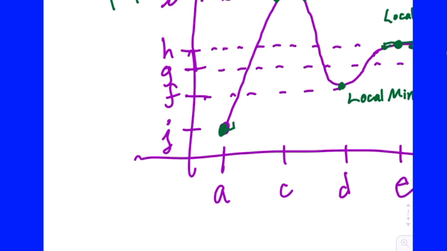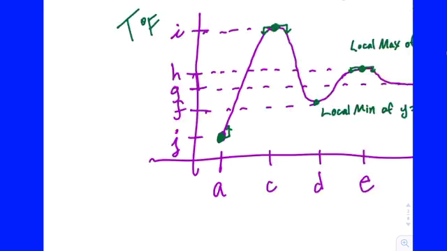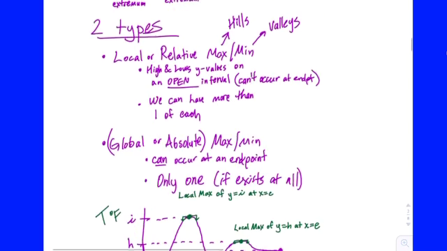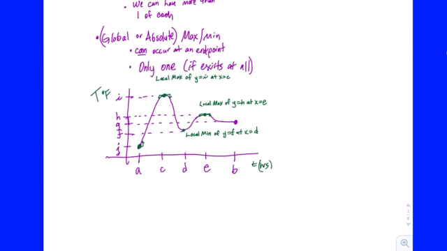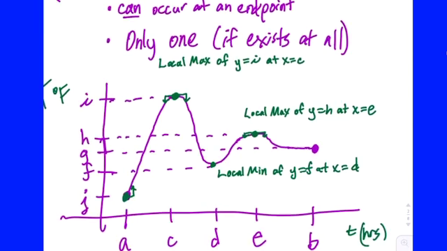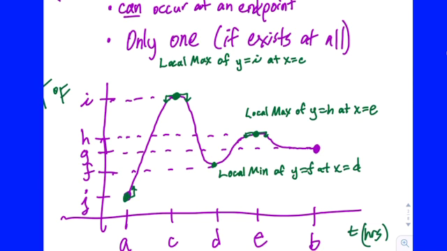So if you look immediately to the right, yeah, I see values that are higher. But what do you see if you look immediately to the left? Nothing, okay? So that's why local extrema have to occur on an open interval. There has to be a graph to the left and right. It can't occur at an endpoint, all right? Whereas global extrema can. So let's go ahead now and look for global extrema, or absolute extrema, or just extrema.